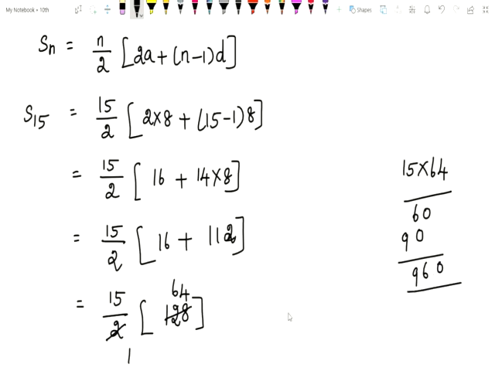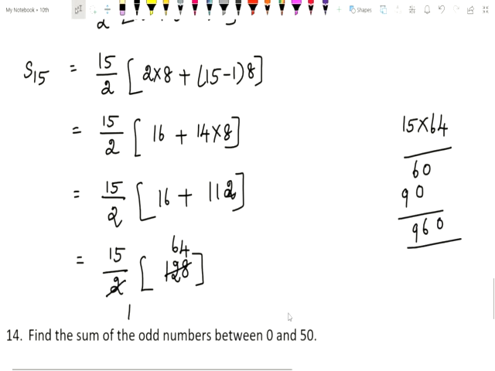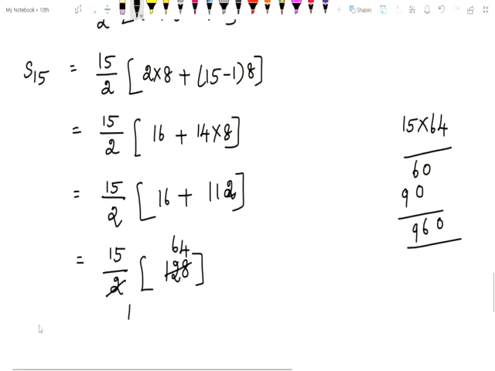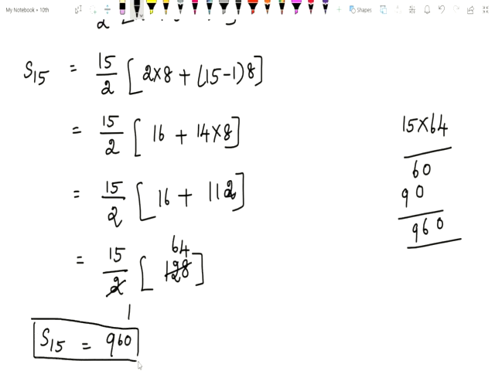So what is the answer? 960. So S15 equal to 960. You understand, children? See the next one.